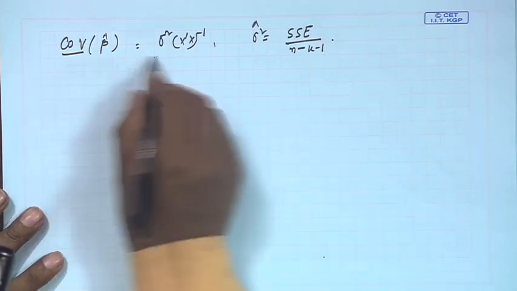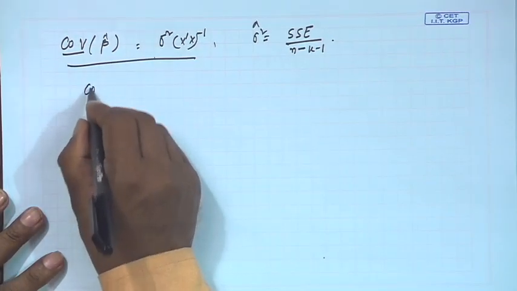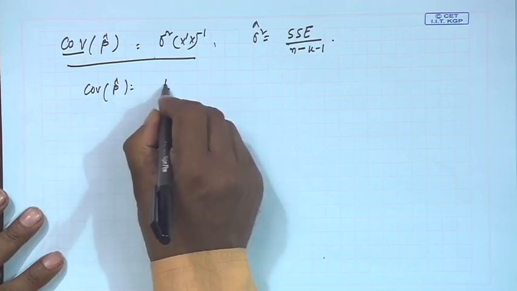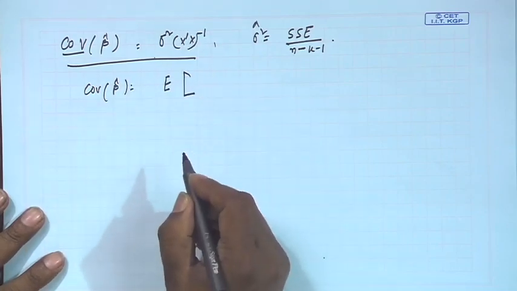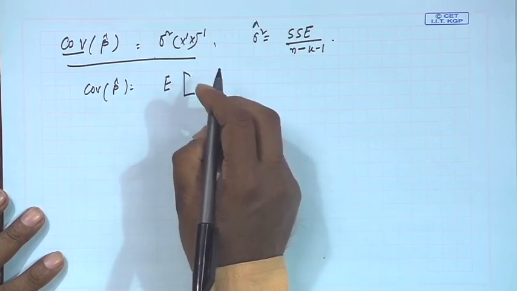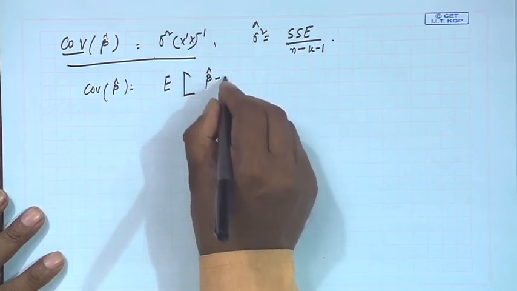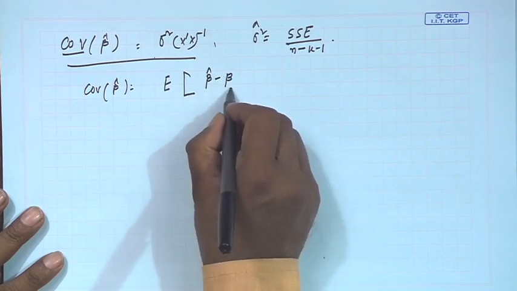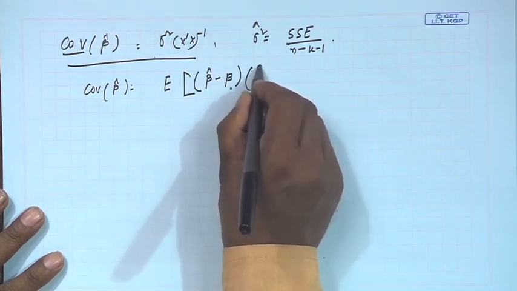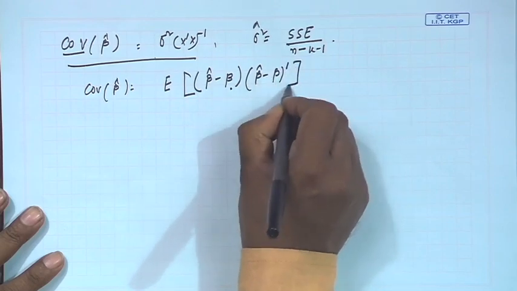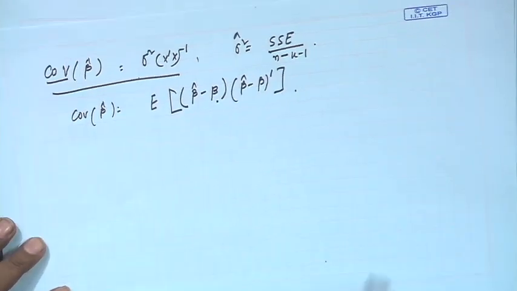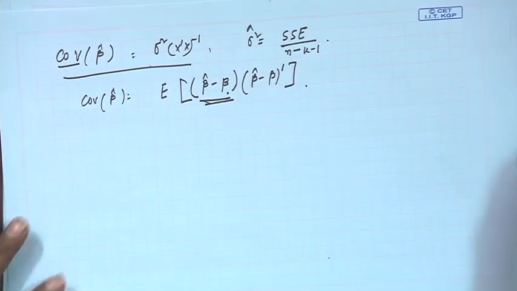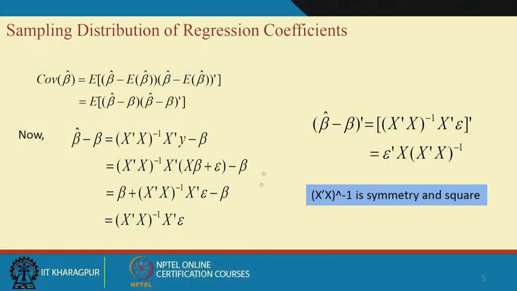Other way we can write it, it can be also proved. Covariance of beta cap is nothing but expected value of beta cap minus beta, into beta cap minus beta transpose. You can see from the slide that beta cap is x transpose x inverse x transpose y.